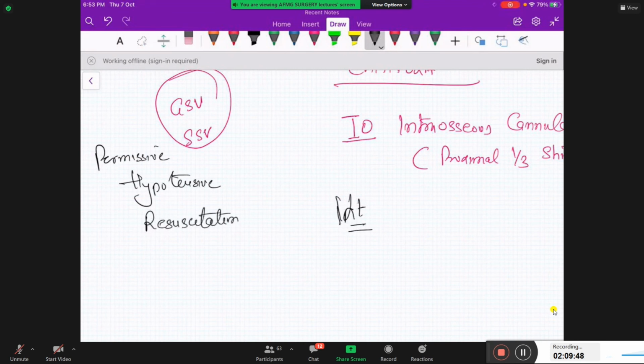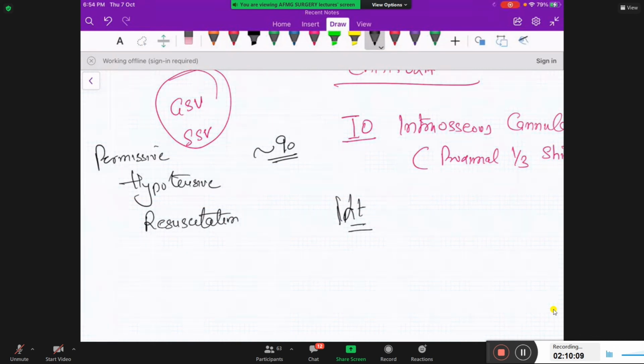Now they say that don't try to raise the blood pressure of the patient to normal, because the moment you raise the blood pressure of the patient to normal, more bleeding will happen. So you should try to maintain the systolic blood pressure at around 90, not raise it to a normal level.